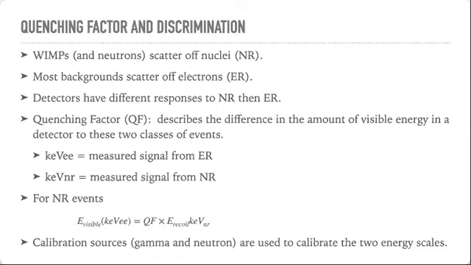Most neutrons and WIMPs are nuclear recoils, as we pointed out, whereas electrons and photons produce electron recoils, and your detector response is different to these two different interactions. So essentially the quenching factor is how you relate these two different signals together. You characterize what this factor would look like by using calibration sources, which produce either gammas or neutrons in order to distinguish each one.